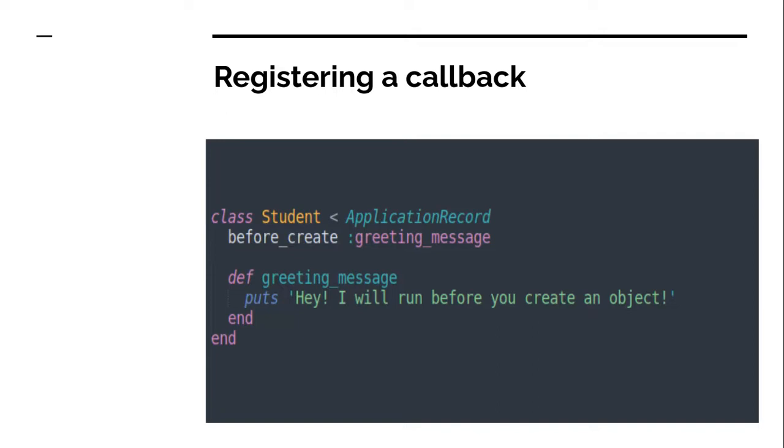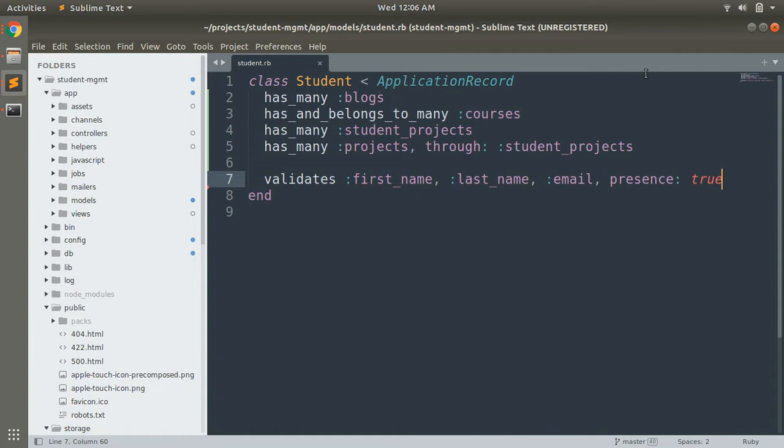Before using an Active Record callback, first we have to register that callback in the model. So let's open a model. Any model you can open.